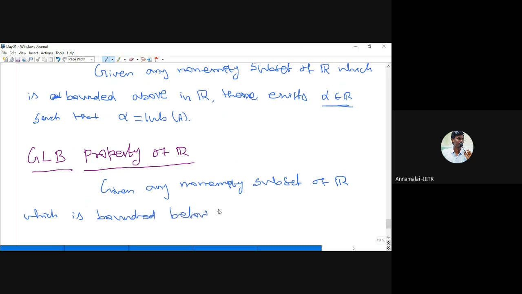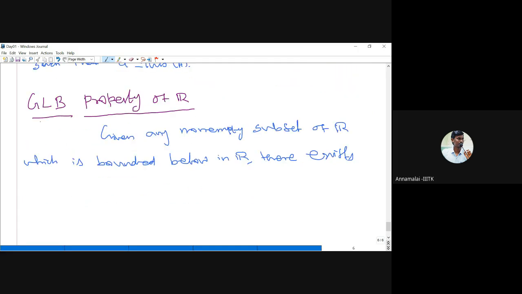That is, there exists a real number, call it beta, in R such that beta is the infimum. That is, beta is the greatest lower bound of the set A.